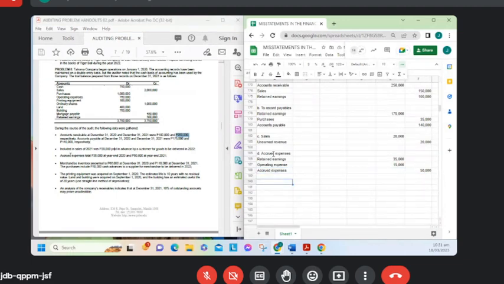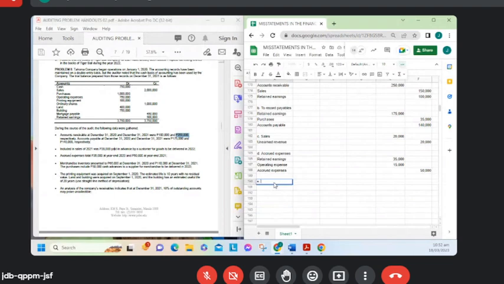Bullet number 4, merchandise inventory amounted to 65,000 pesos at December 31, 2020 and 110,000 at December 31, 2021. The purchases include 50,000 pesos cash advances to a supplier for merchandise to be delivered in 2022. So we have many adjustments here.